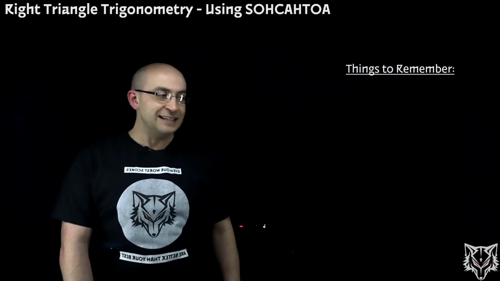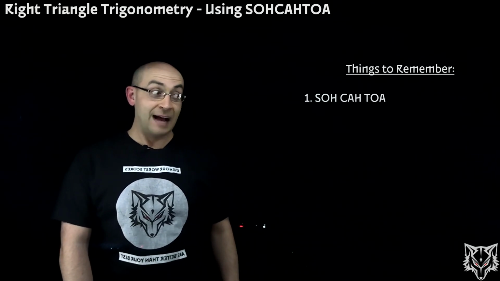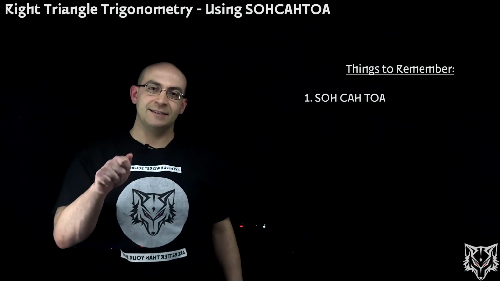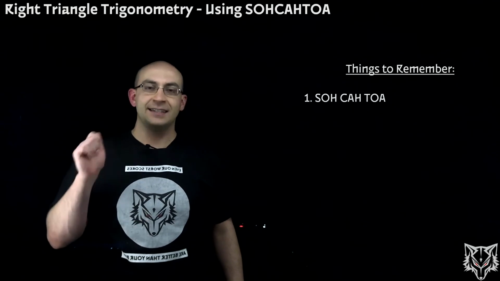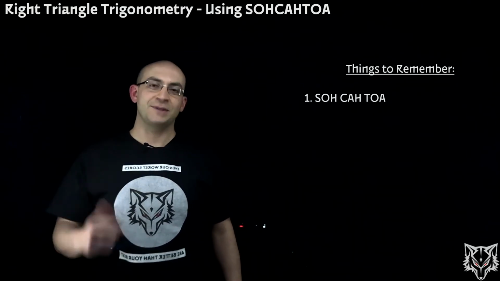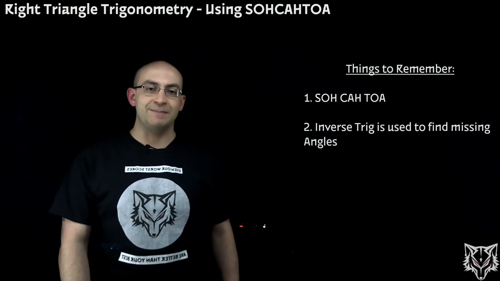Okay, things to remember about SOHCAHTOA and right triangle trig. Number 1, obviously SOHCAHTOA. Sine, opposite, hypotenuse, cosine, adjacent, hypotenuse, tangent, opposite over adjacent. It's a nice little trick to remember SOHCAHTOA. Number 2, inverse trig is used to find missing angles.